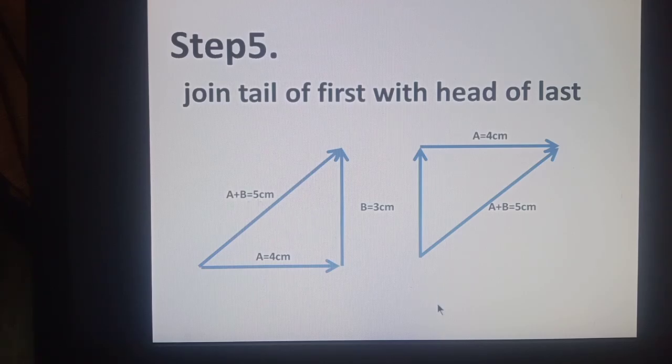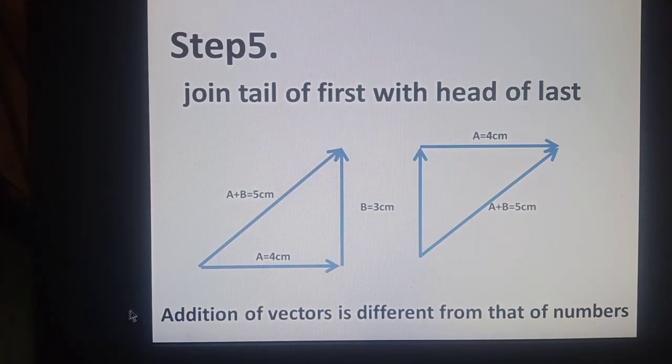So this shows that the addition of vectors is different from addition of numbers because directions are involved. These are directed quantities, and when we add vectors, we consider their directions also. So it is different from addition of numbers.